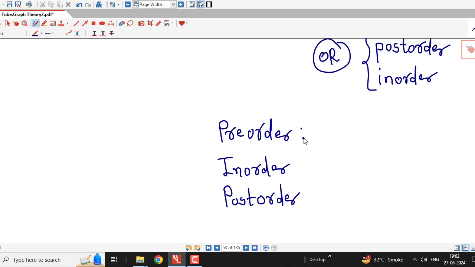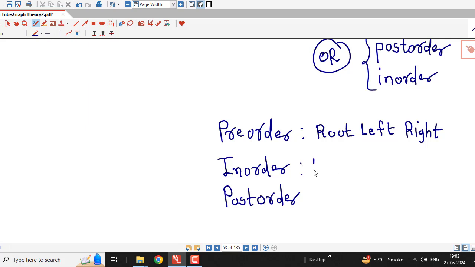In pre-order, if you recall, we first process the root, then the left subtree and then the right subtree. So I will write it shortly as root, left and right.